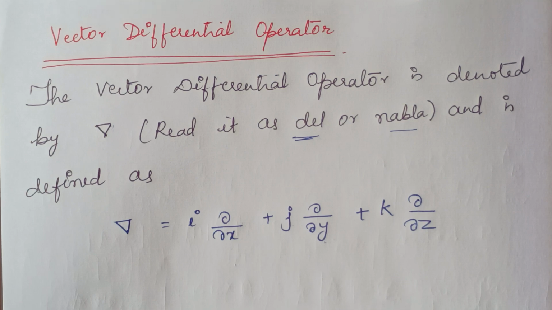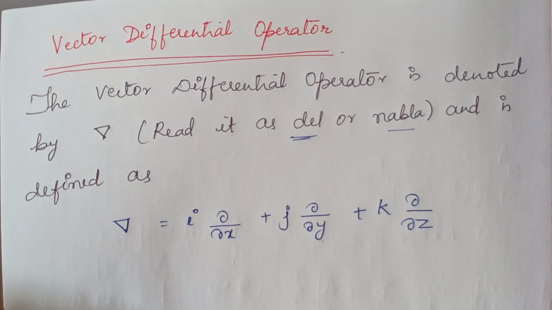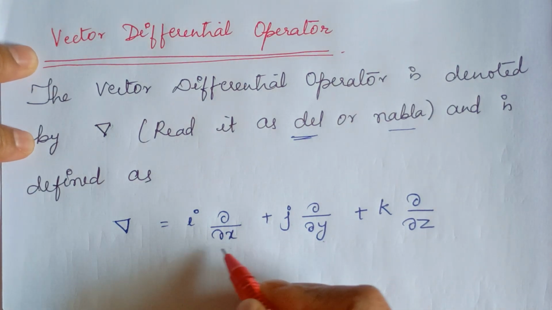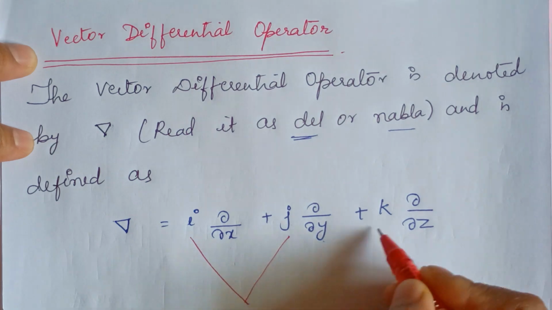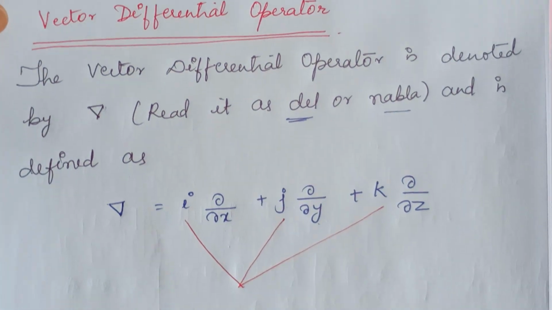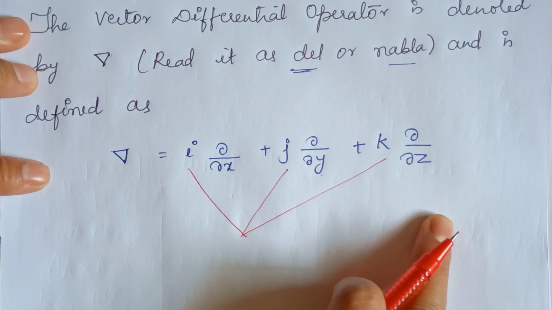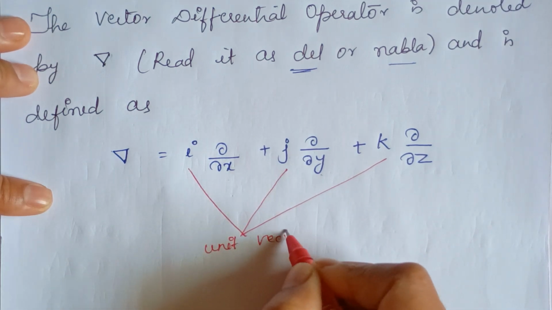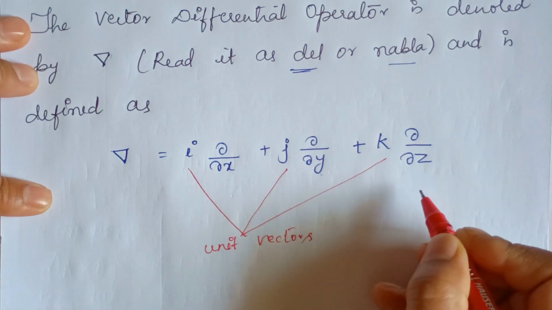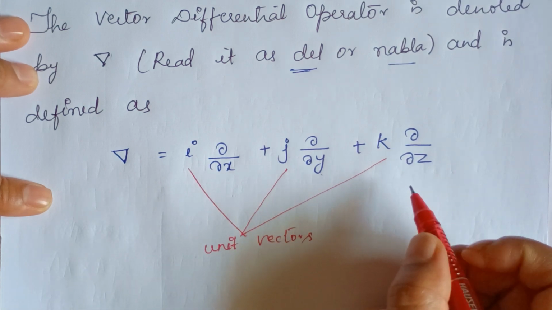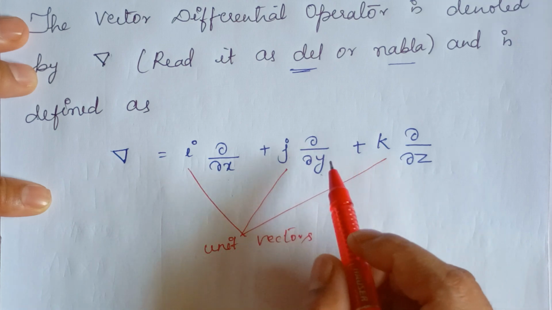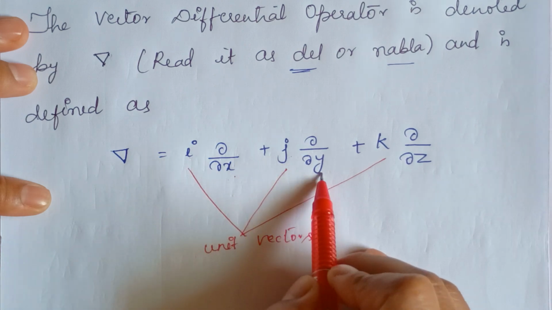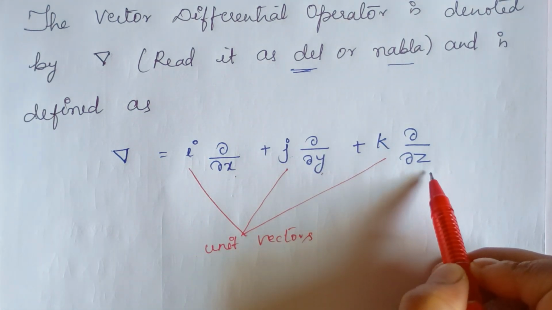Here this i, j and k, what are these things? These are the unit vectors. i, j and k are unit vectors. Here i is along x, j is along y, and k is along z direction.